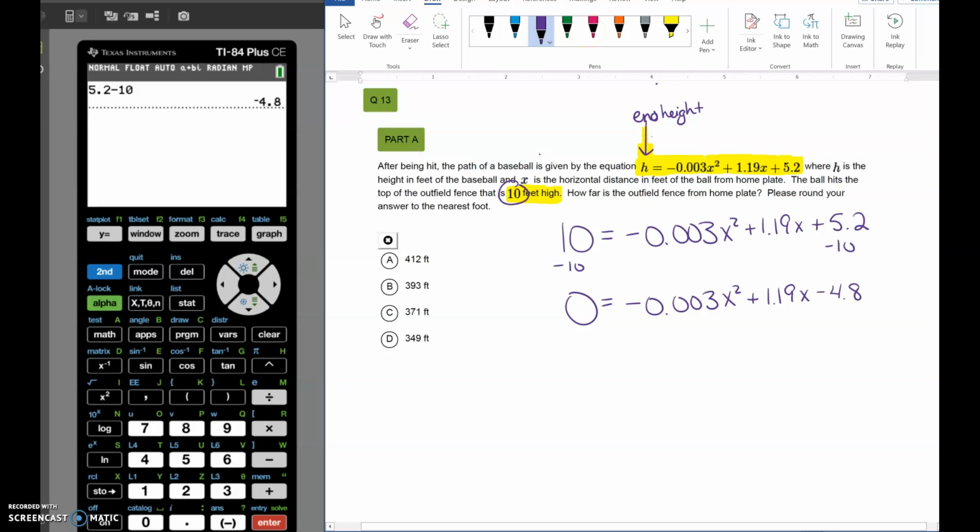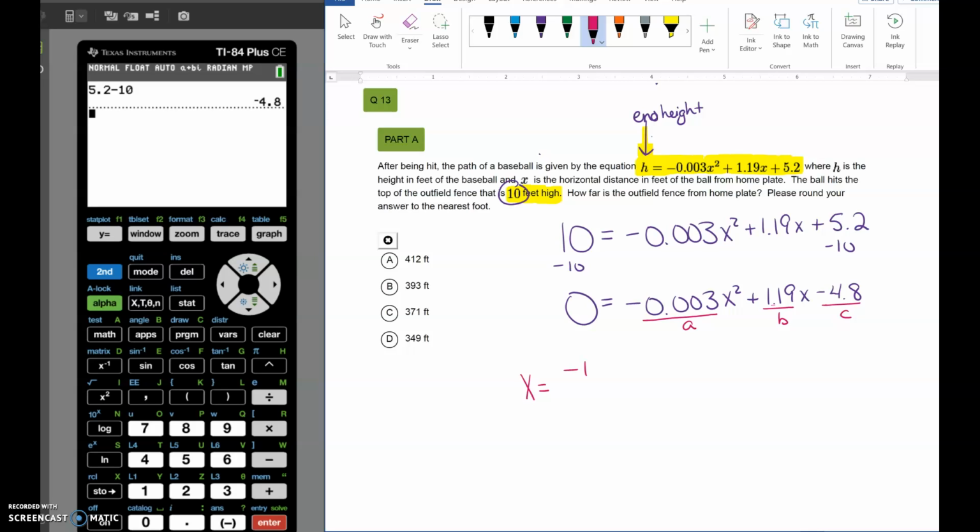So A is negative 0.003. B is 1.19, and C is negative 4.8. So let's plug that into the quadratic formula.